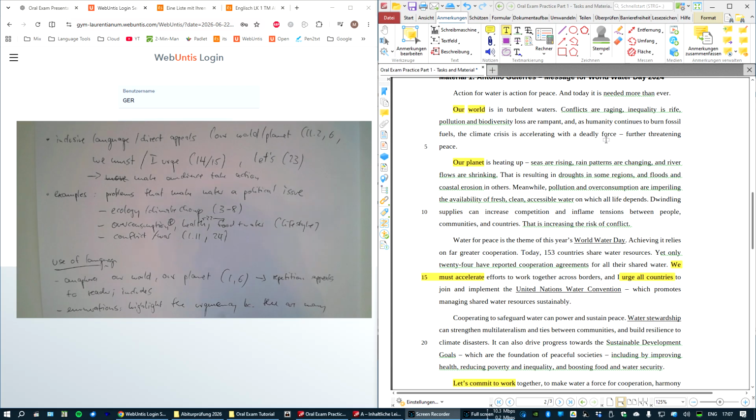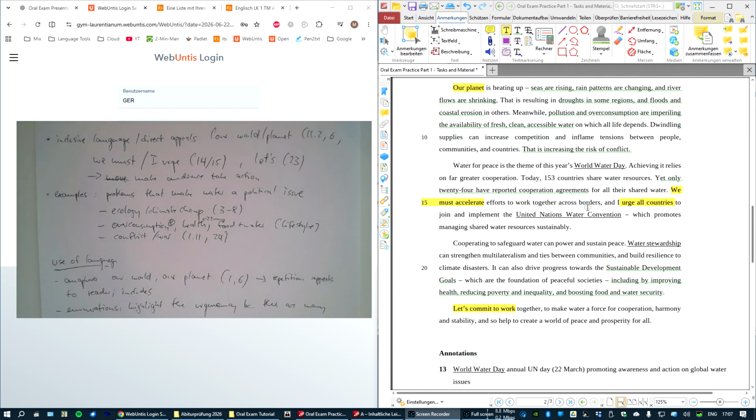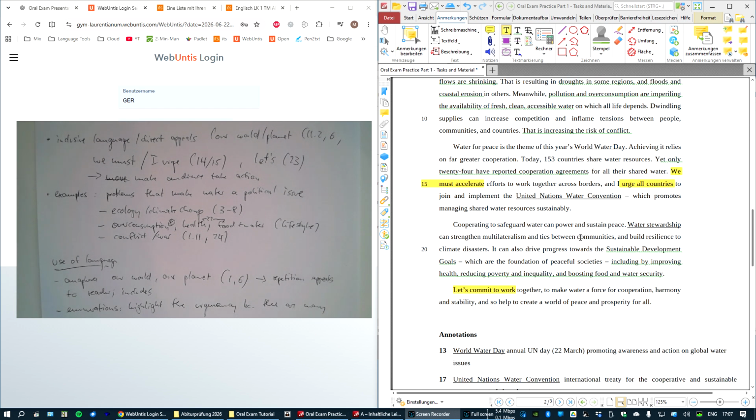I have it in lines 6 to 8 as well. So this increases the urgency. These are the examples that he enumerates.